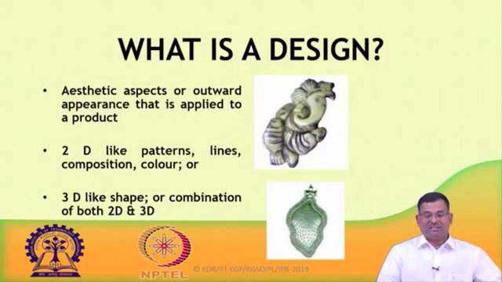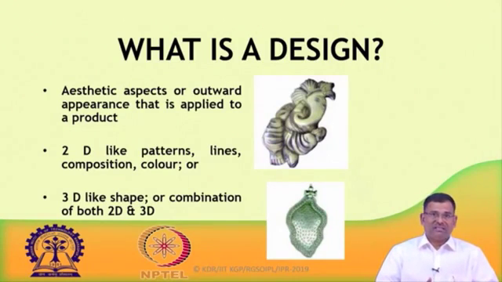You can see different shapes, whether 2D patterns or 3D patterns. It can be shapes, lines, composition, color, and even a combination of both 2D and 3D, so that it is aesthetic to the eye.